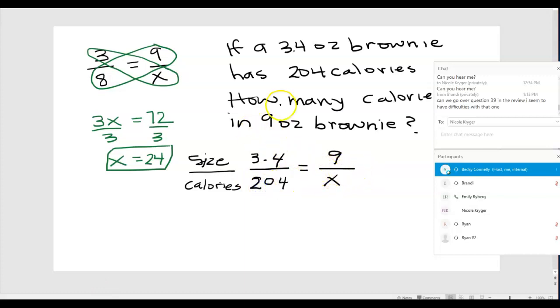But we're going to solve this the same way that we did the one we just did before this. So just cross multiply.